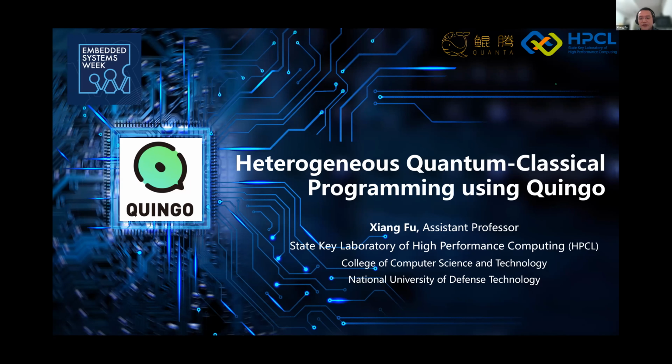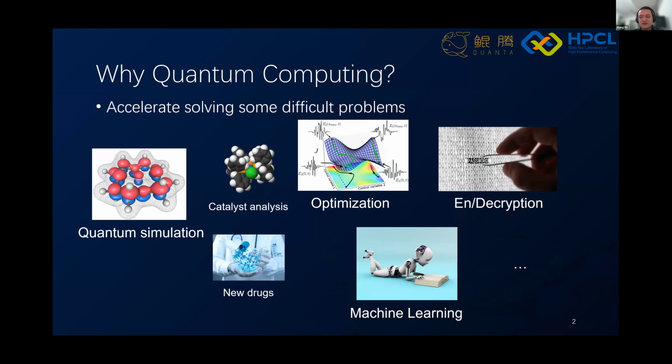Okay, so I'm going to start my talk. Today I'm going to give a short talk about heterogeneous quantum classical programming using Quingo. My talk will consist of several parts.